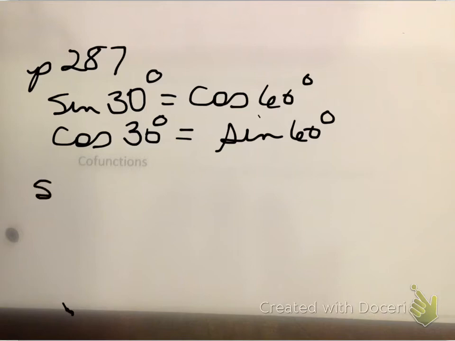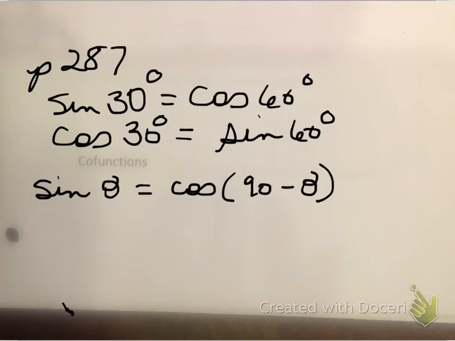We'll write them down. The sine of theta is equal to cosine of 90 minus theta. No matter what I put in there, it doesn't even have to be 30. If I put in the sine of 15 degrees, it is equal to the cosine of 90 minus 15, which is 75 degrees. So the sine of 15 degrees is the same thing as cosine of 75 degrees. And this works for all of the functions.